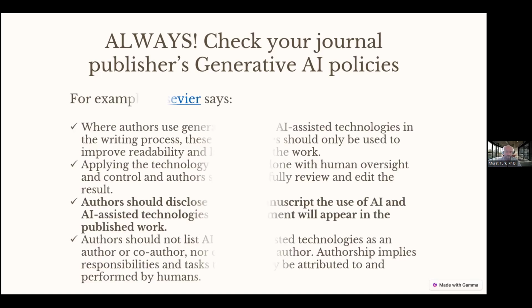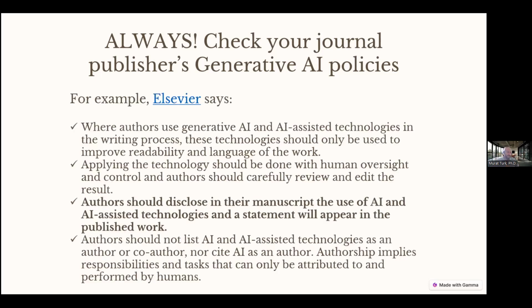For example, Elsevier is one of the greatest publishers in the academic world, and if you go to Elsevier's page, you can see statements like, where authors use generative AI and AI-assisted technologies in the writing process, these technologies should only be used to improve readability and language of the work. You see, these technologies should only be used to improve the readability and language of the work.